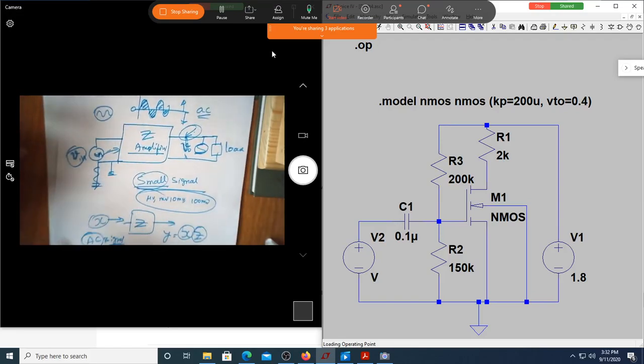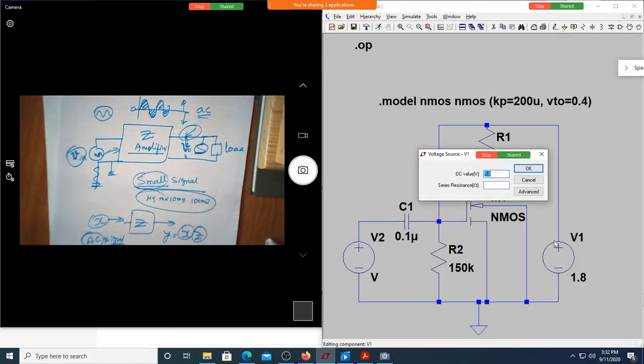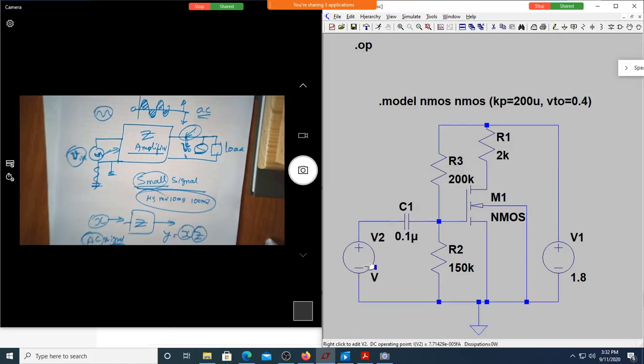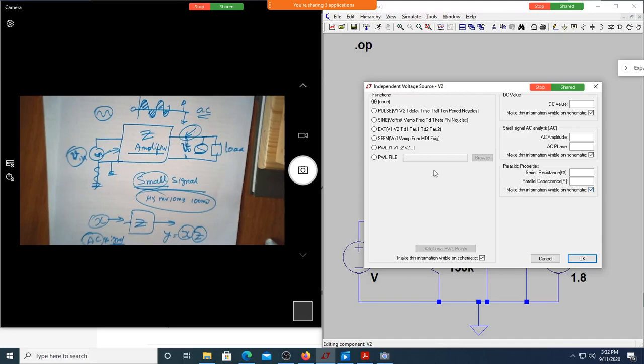Now we have to apply that signal. We were using this power supply for DC voltage, and you can see we edited the DC value. Now for this, we will not edit the DC value. Instead, I want to apply an AC signal. In LTspice, there is a possibility of applying a sine wave. In this sine wave, I need to edit the values.